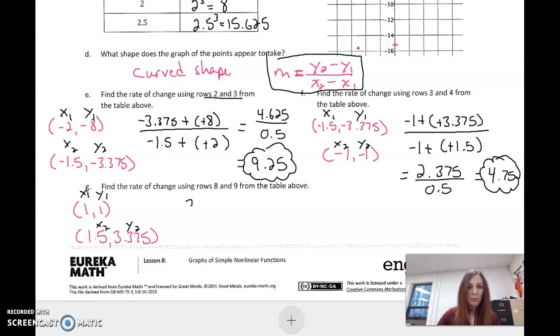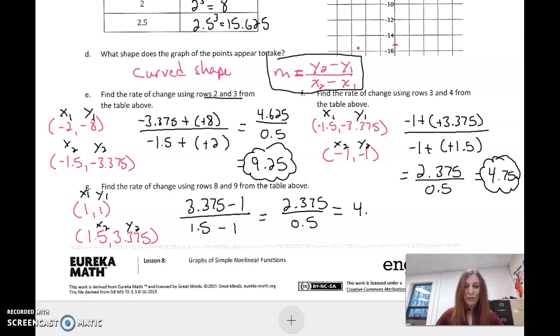So I'm going to go 3.375 minus 1 over 1.5 minus 1. And I'm going to get 2.375 over just 0.5, right? And when I divide that out, I get 4.75.